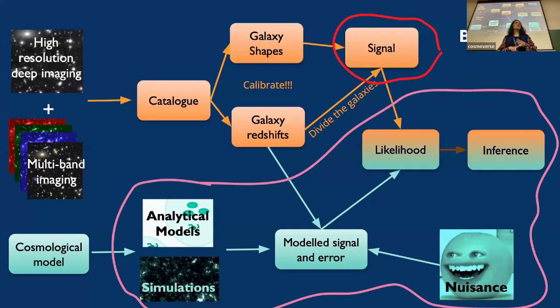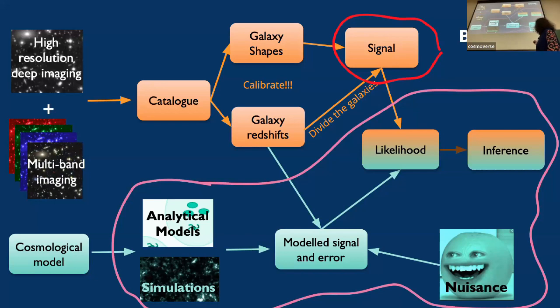Or they might use an emulator. Now, these all give you very similar results, but they have percent level differences that can add up to being something large. So what we did was we compared these codes with the newest simulations, the Euclid Emulator 2, and found the one that has the closest match. So that was our choice for here.